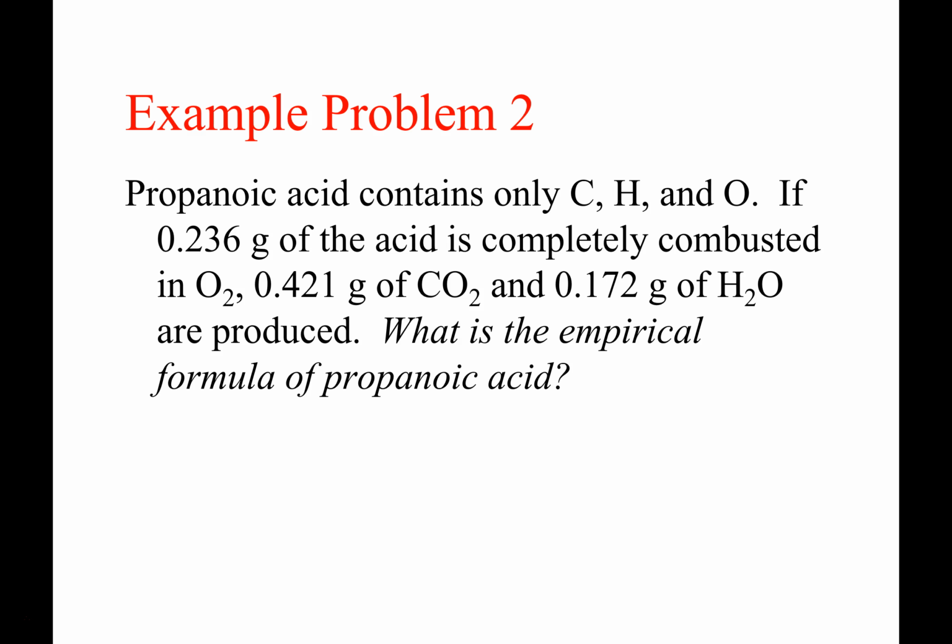How much hydrogen was there in what we burned? We know how many moles there were, so we need to use the molar mass of hydrogen to get to the grams of hydrogen in what we burned. The reason we got to do this is we're going to take these 2 grams and we're going to subtract it from the mass of CHO.